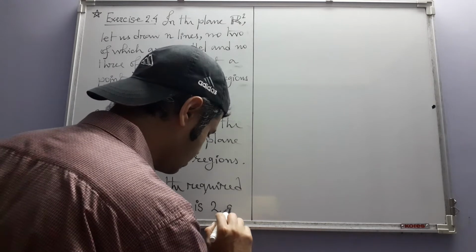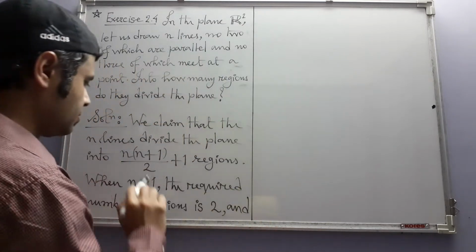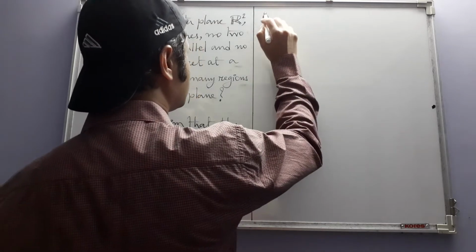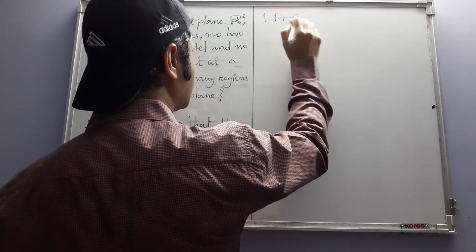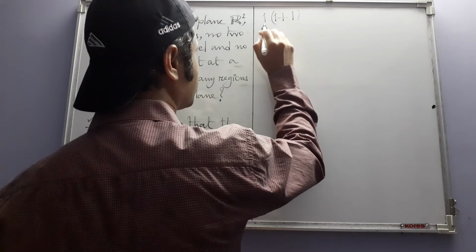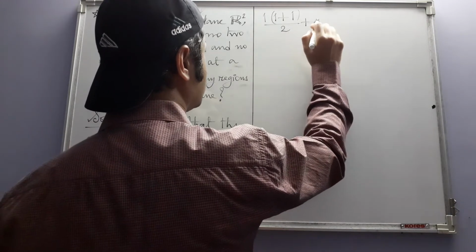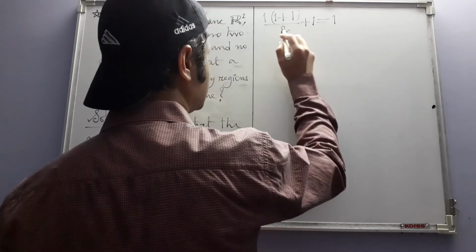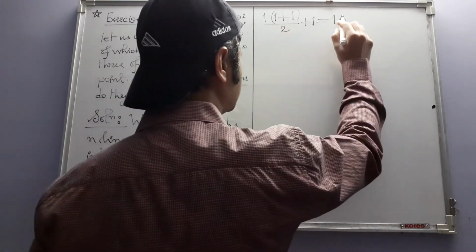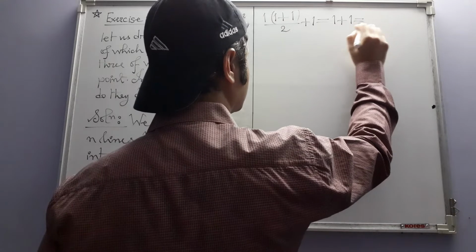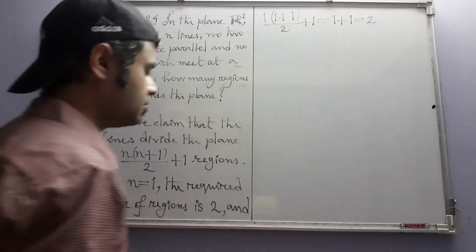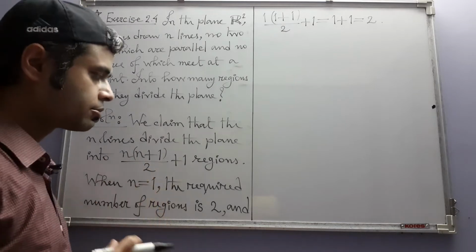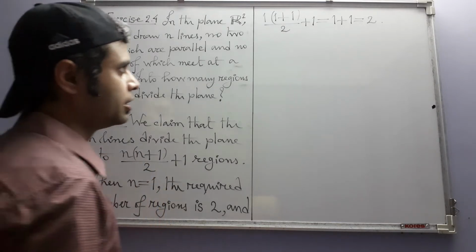And what happens to this number when n is 1? 1 times 1 plus 1 divided by 2 plus 1. So the first term becomes 1. So the number is 2. So these two things are matching. That means the claim is true when n is equal to 1.